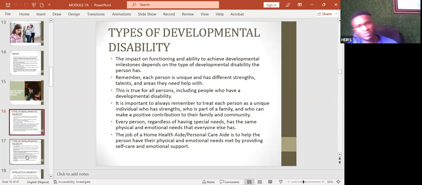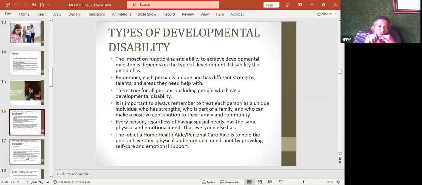The impact on functioning and the ability to achieve developmental milestones depends on the type of developmental disability the person has. Remember, each person is unique and has different strengths, different talents, and different areas where they need help.